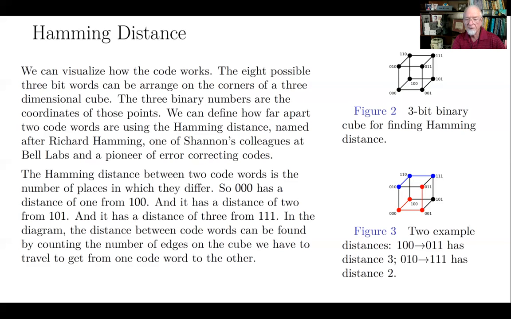In order to go to 0, 1, 1, where is that? That's up here. I'm sorry, that's starting up here. So starting from here, you go to here, go to here, go to here. So the red lines are the ones associated here. That's distance 3. And 0, 1, 0, that's the one in blue, that has a distance of 2. But 0, 0, 0 to 1, 1, 1 has a distance of 3.